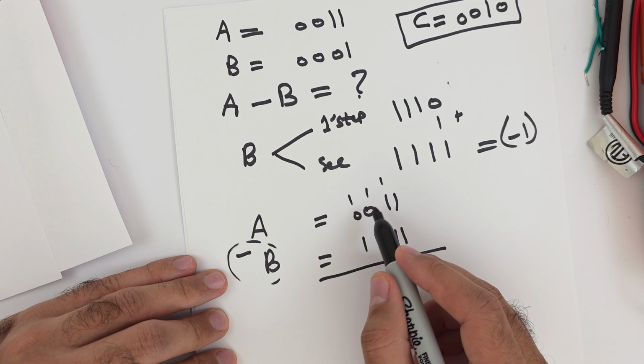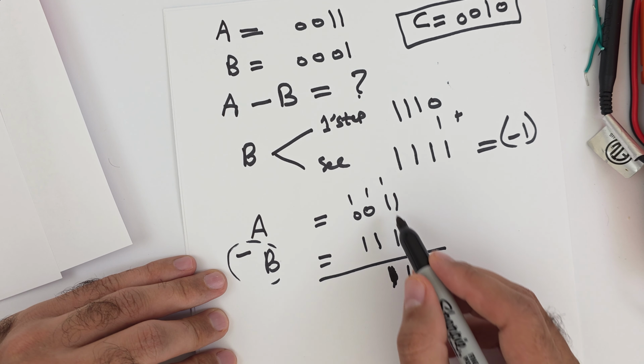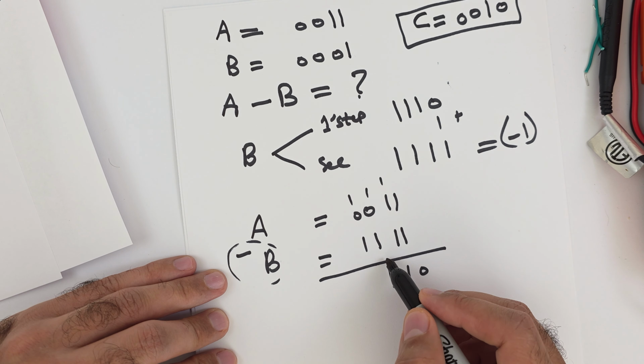We are adding, right? So this is 0 and 1, and this is 0 and 1. For now, I am going to neglect this carry value. And as you see, the output here is exactly equal to this value.